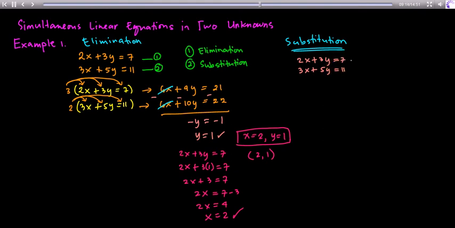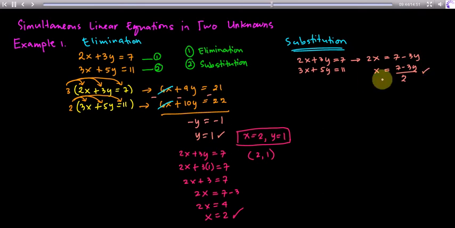I could make this first equation into 2x equals 7 minus 3y. My purpose here is I want to make the x the subject of the equation. So from here, I could make it as x is equal to (7 minus 3y) over 2. So this is now the equation that I want to use.